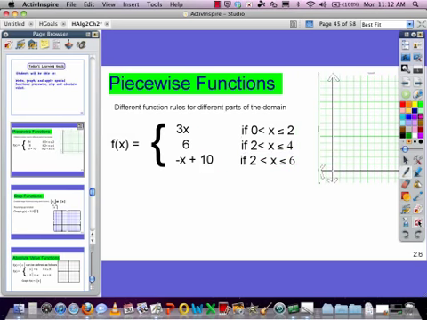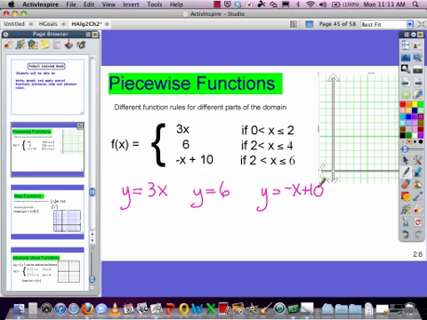So with that, we're going to begin by graphing. As you know, f of x equals 3x stands for the result, the outcome, as we say, the y values. So y equals 3x is one of the equations we want to graph. Y equals 6 is one of the equations we want to graph. And y equals the opposite of x plus 10 is the final equation.